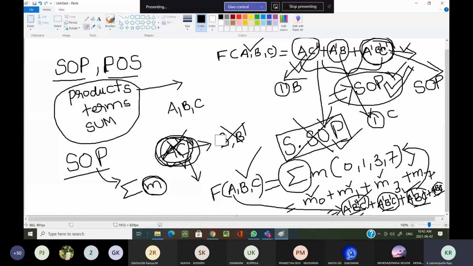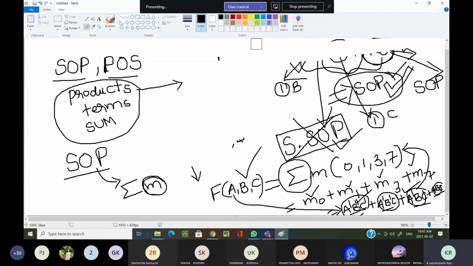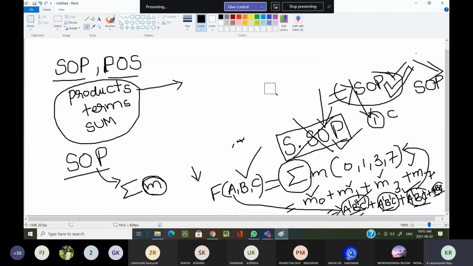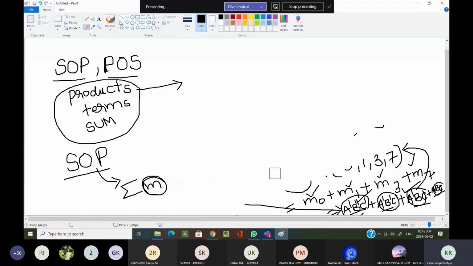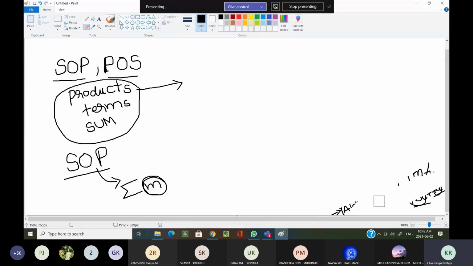Now moving to the POS, I hope these points are clear to each and everyone. Now you can understand which one is a complete SOP, which one is not, or which one is in standard form, which one is not. Now I am considering the second type of expressions, POS expressions.